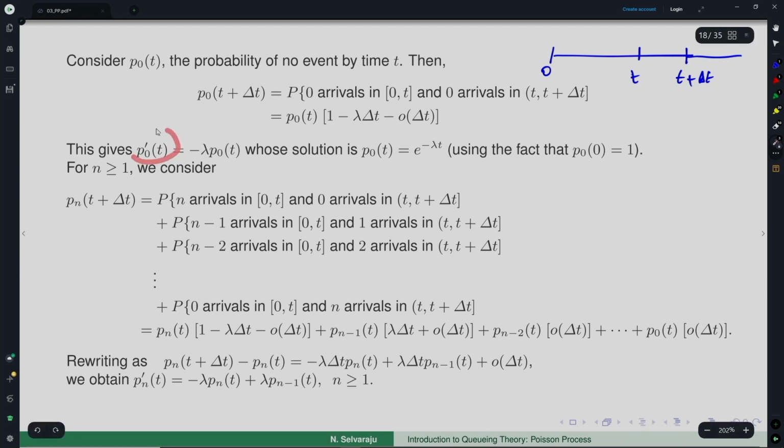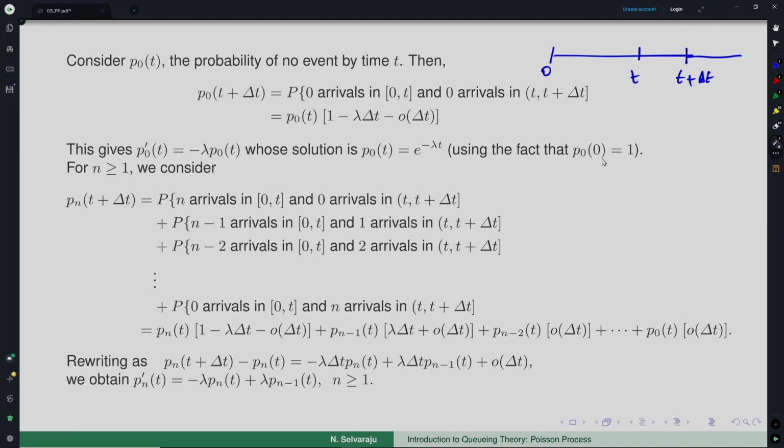The left side becomes P0 dash of t, or d by dt of P0 of t, and the right side you will have minus lambda times P0 of t, and the order term tends to 0. This is the differential equation that you will get. It is a simple linear differential equation whose solution is some constant times e to the power minus lambda t. The constant will turn out to be 1 because of the initial condition.